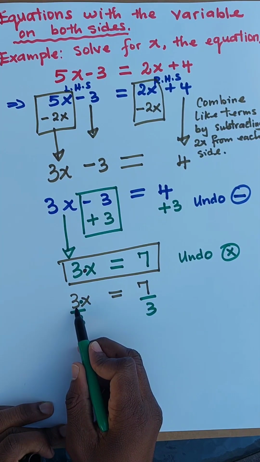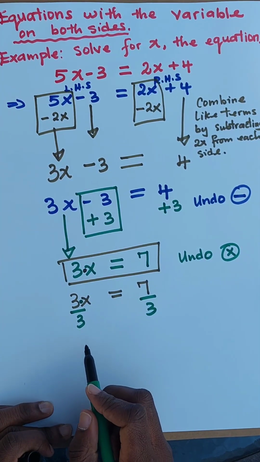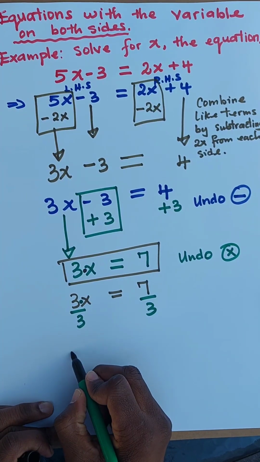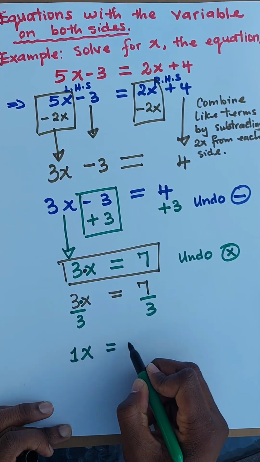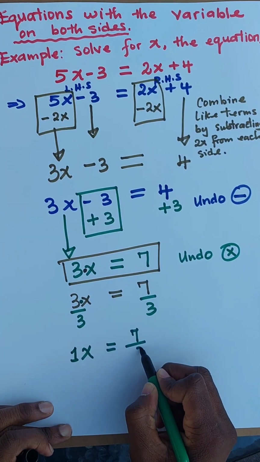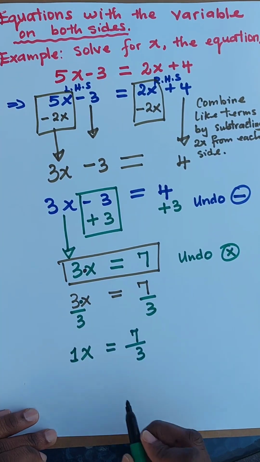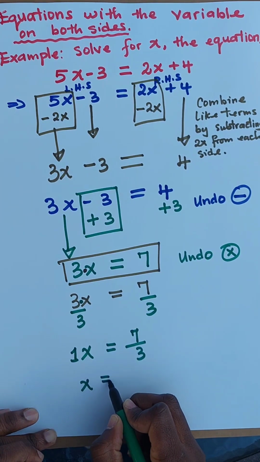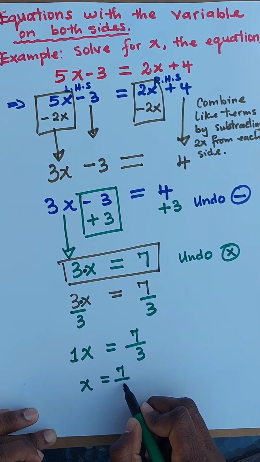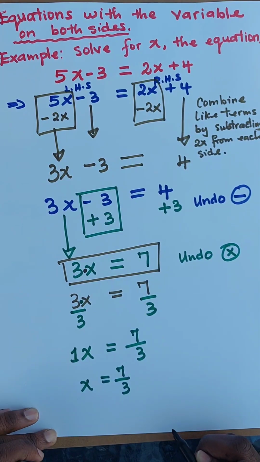It tells you immediately right here why you divided. 3 divided by 3 is 1. That is what you want the whole time. You want to get just 1x. So 1x is equal to 7 over 3. 1x is also just the same as x. So x is equal to 7 over 3. And that is the answer.